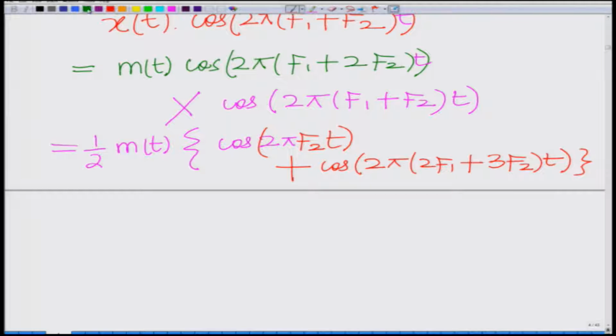Now, if we band pass filter this signal with a band pass filter at f2 of suitable bandwidth, what you can see is we can extract the cosine 2 pi f2 t component.